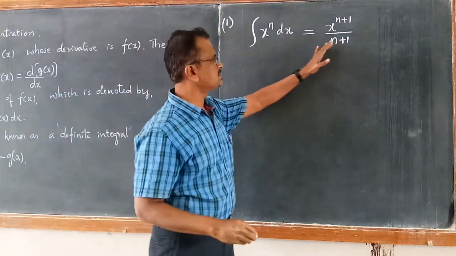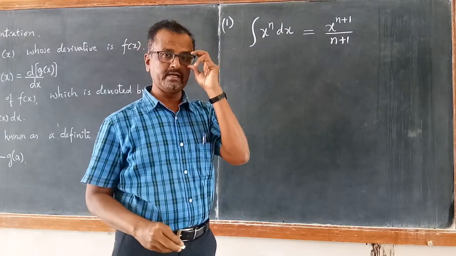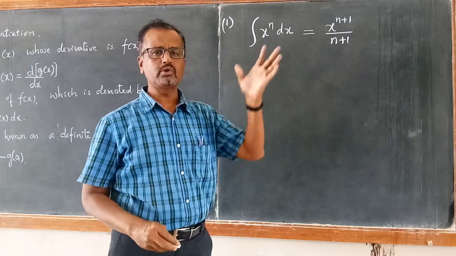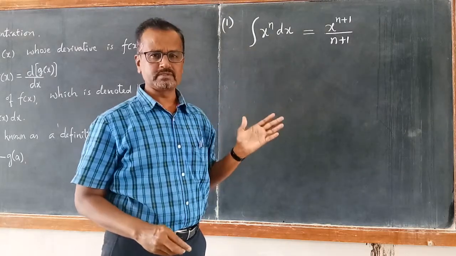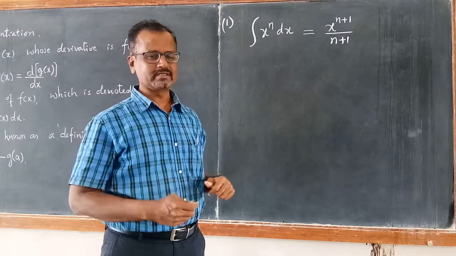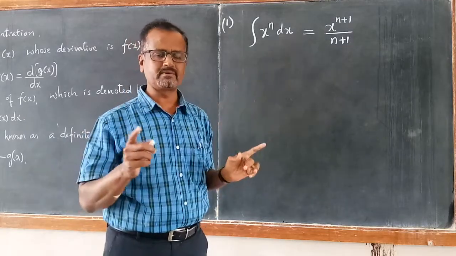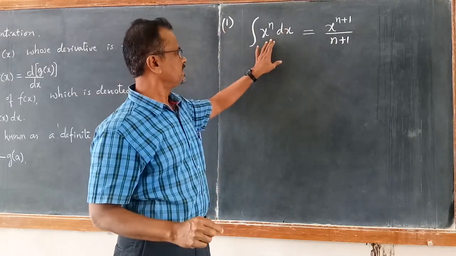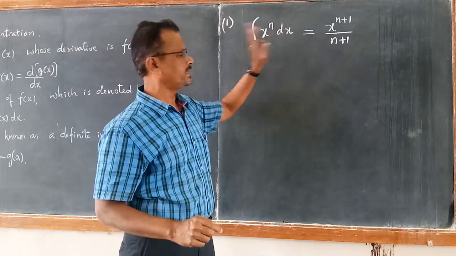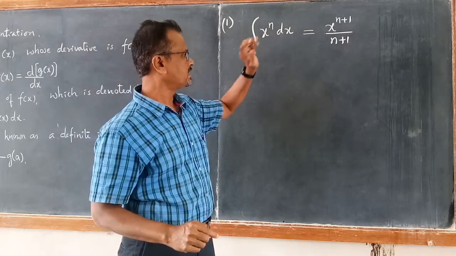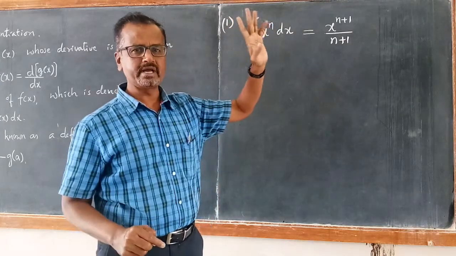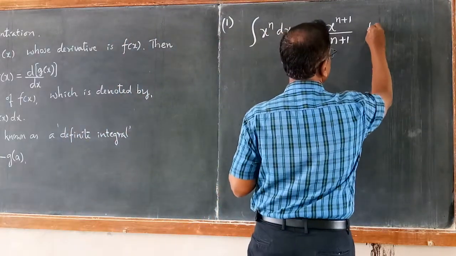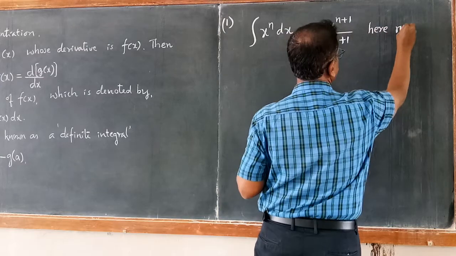How this results, you are learning in 12th standard integral calculus in detail, laboriously. You are going to solve some thousands of problems, I can say, next year in 12th class. But here for the solution of numerical problems in physics, just remember this. If it is the integration of the function x raised to n dx with respect to x, then the result is x raised to n plus 1 divided by n plus 1, where n is not equal to minus 1.